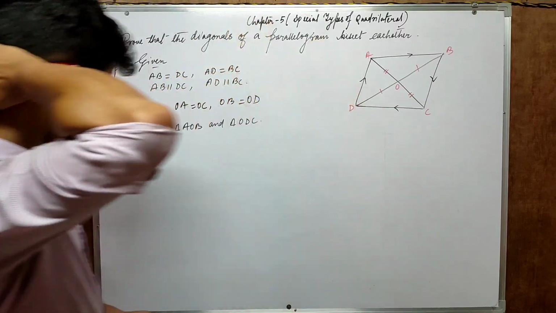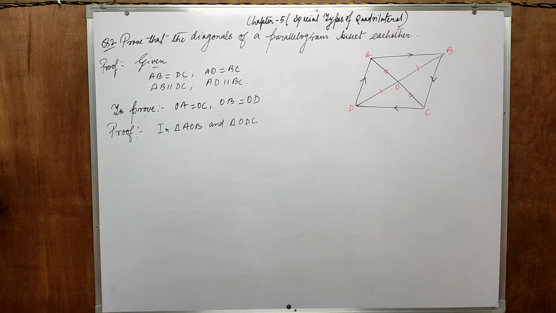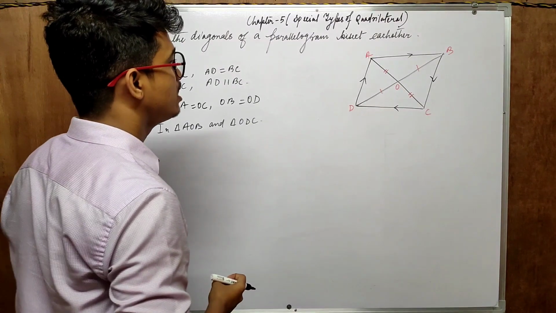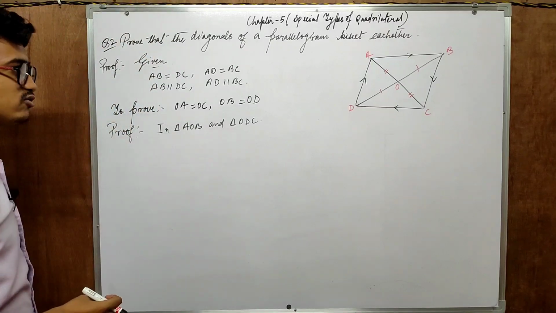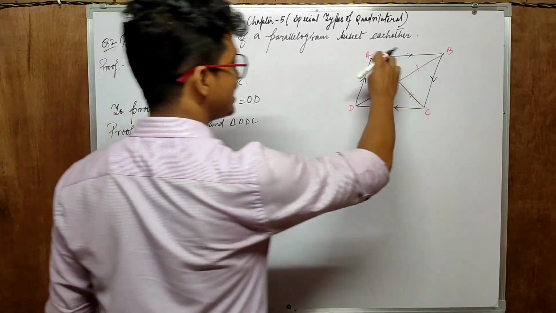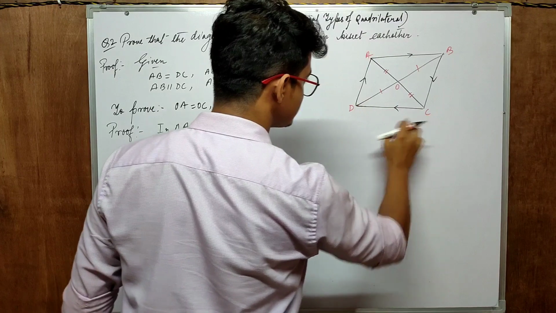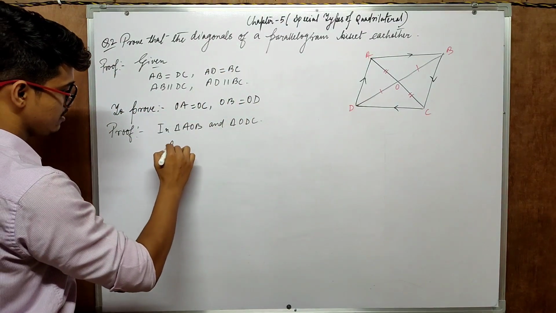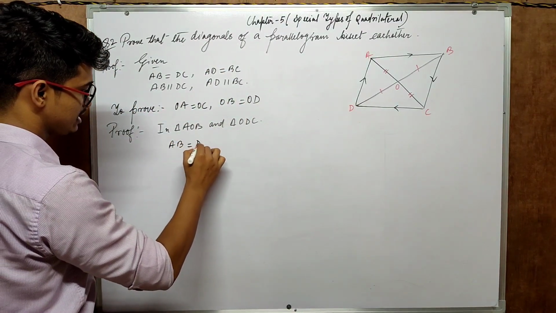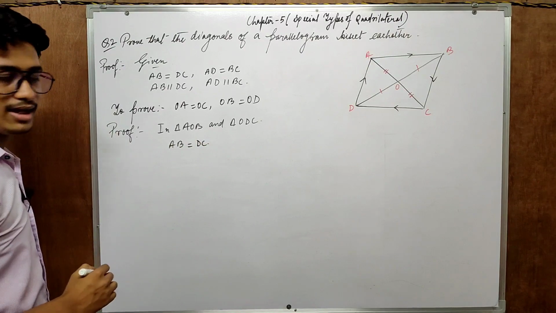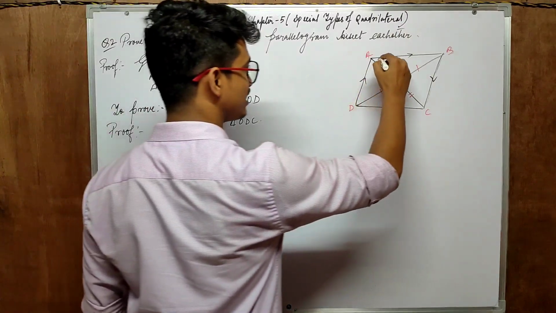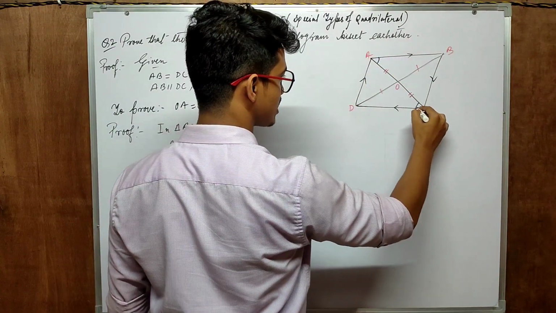All right, so OAB, or you can say AOB, and COD are the two triangles. So now what we have to do? We know that AB is equal to DC, right? Or this angle is equal to this angle.